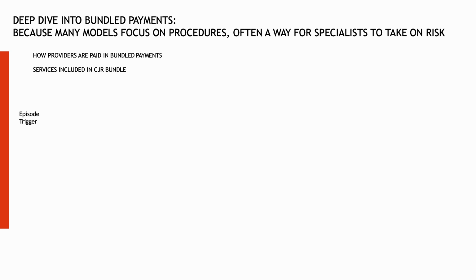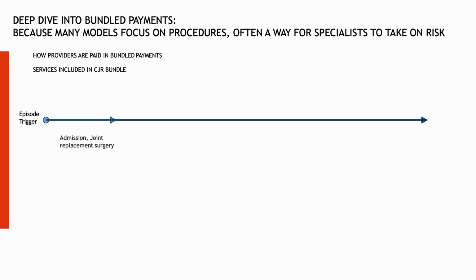What I show you here is the joint replacement bundle. So in this case, there's an episode trigger. There is an admission. The joint replacement surgery costs are estimated. And then the bundle includes a 90-day post-discharge.